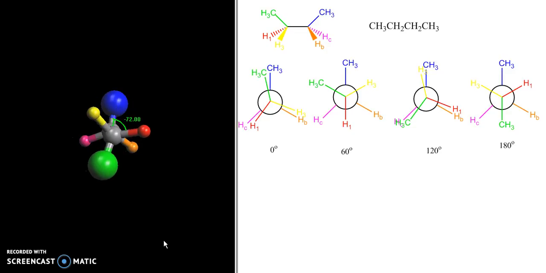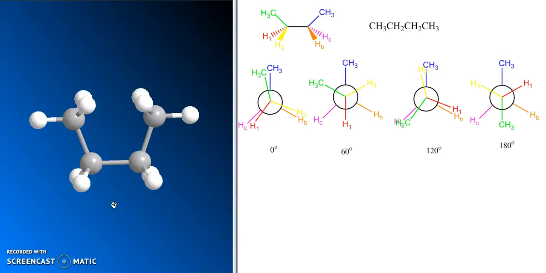In the other staggered conformation, the two largest groups are far enough away from one another that I have a lower energy structure. And we can actually see that if we go and plot the energies of these conformations.